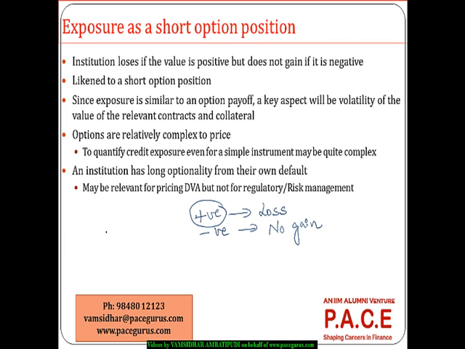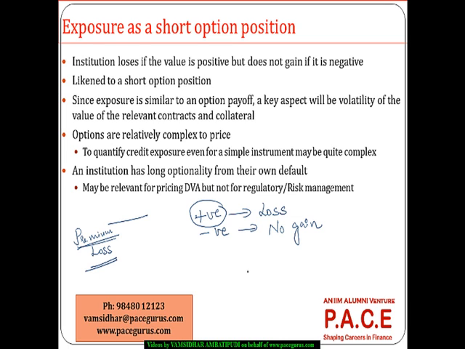Looking at any kind of short option, the short can either gain whatever the premium amount is, otherwise he will have to lose. The loss is unlimited, but the gain is only limited to the extent of the premium.